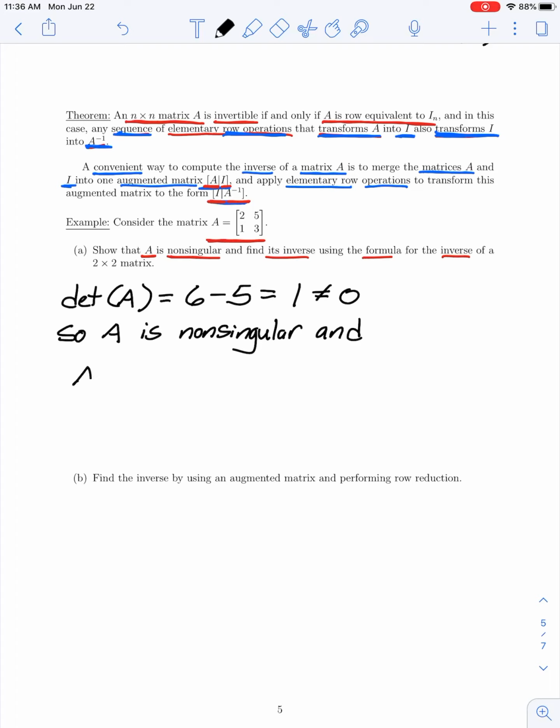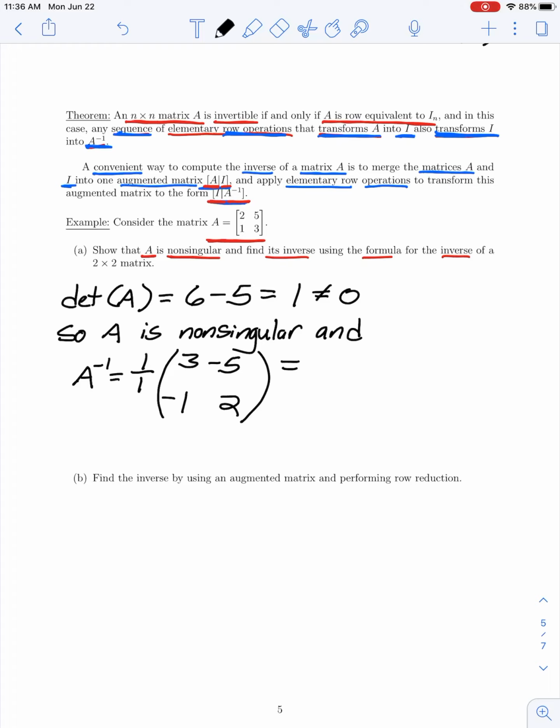And to find its inverse, we would take 1 over the determinant, which was itself 1, so we just have a constant of 1 out in front of our matrix, times the 2 by 2 matrix we get by switching the diagonals of A, so we now have 3 and 2, and the off diagonals are made negative, so instead of 5 and 1, we have negative 5 and negative 1.